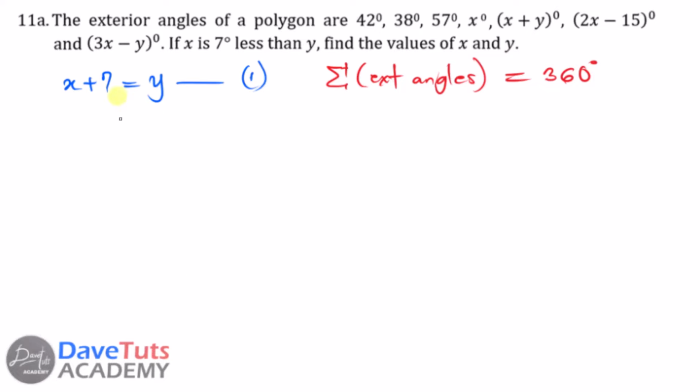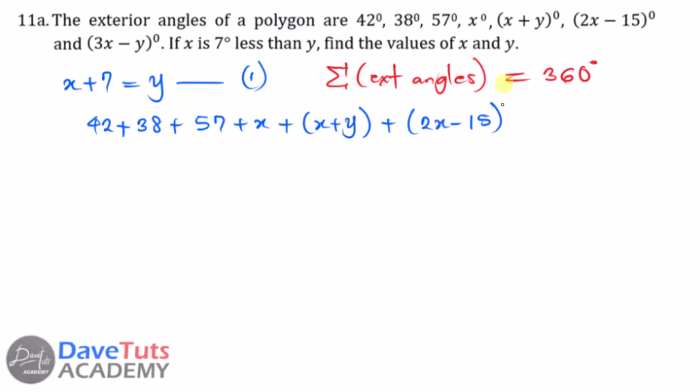So we can have 42 plus 38 plus 57, then plus x plus y, then plus 2x minus 15, and finally plus 3x minus y. Everything is going to give us 360 degrees, as a result of the postulate that the sum of the exterior angles of a polygon is 360 degrees.